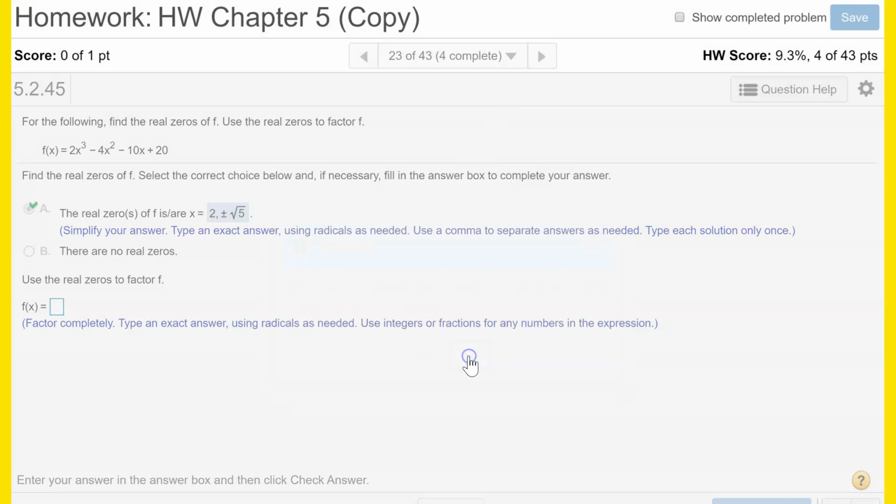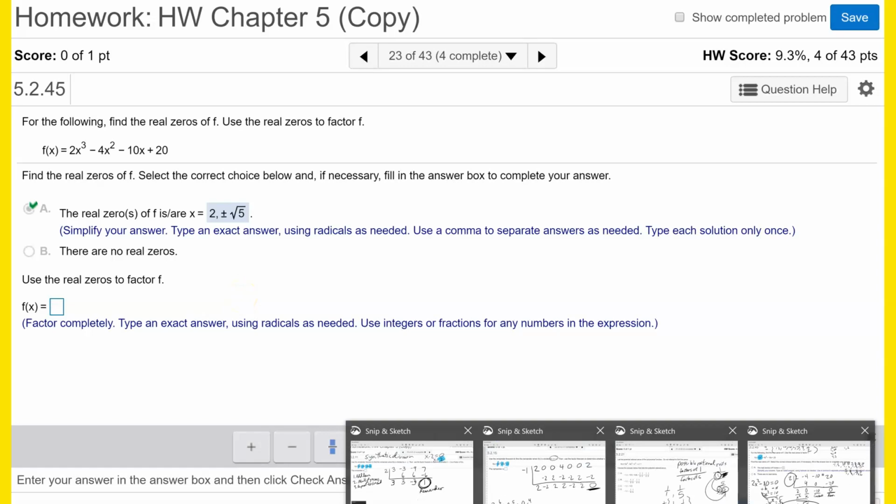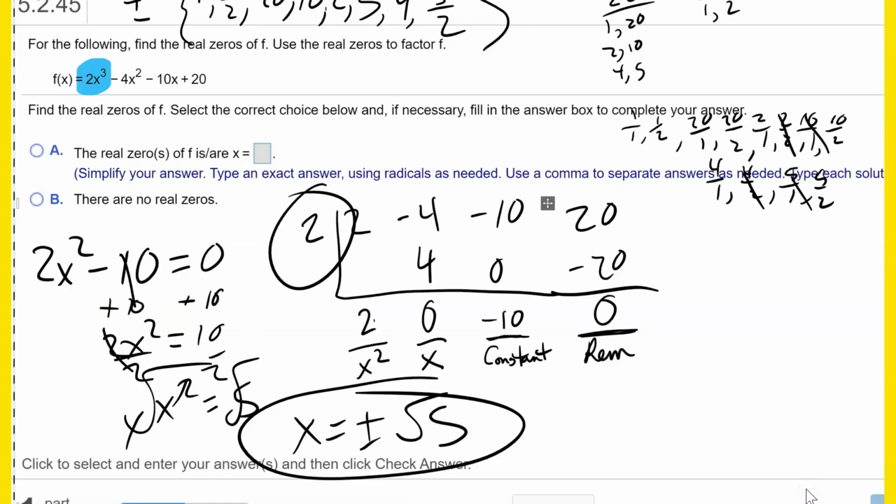Oh, I haven't finished yet. Use the real zeros to factor f. So what I have to do is use those zeros to factor, I just have to turn each one of them into a factor. So 2, I'm going to turn that into a factor by saying x minus 2. Square root of 5, I'm going to say x minus square root of 5. Negative square root of 5, I'm going to do that by saying x plus the square root of 5.